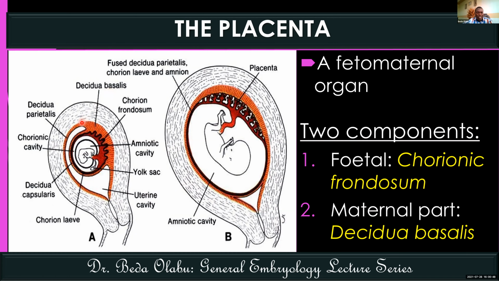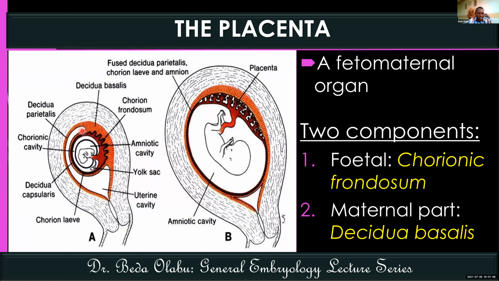The decidua that is away from the site of implantation has different names depending on where it is. So like the one that's covering the rest of the endometrium away from the site of implantation is called decidua parietalis.